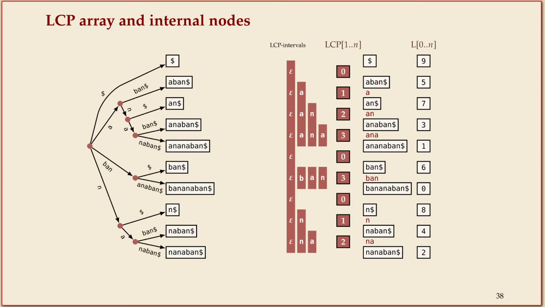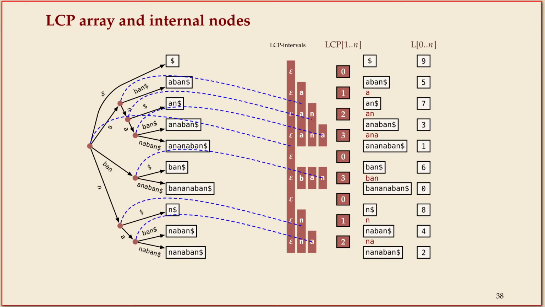And here comes the cool trick. So that's the part to pay attention to. These LCP intervals correspond one-to-one to the nodes of a suffix tree. So again, if I have the suffix tree, every internal node corresponds to such an LCP interval. So a range in the sorted list of suffixes and a prefix that everything in that range shares.